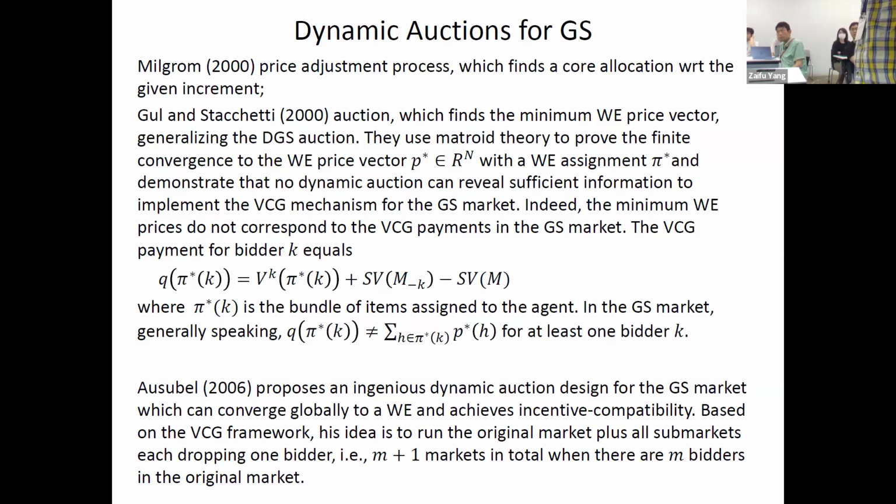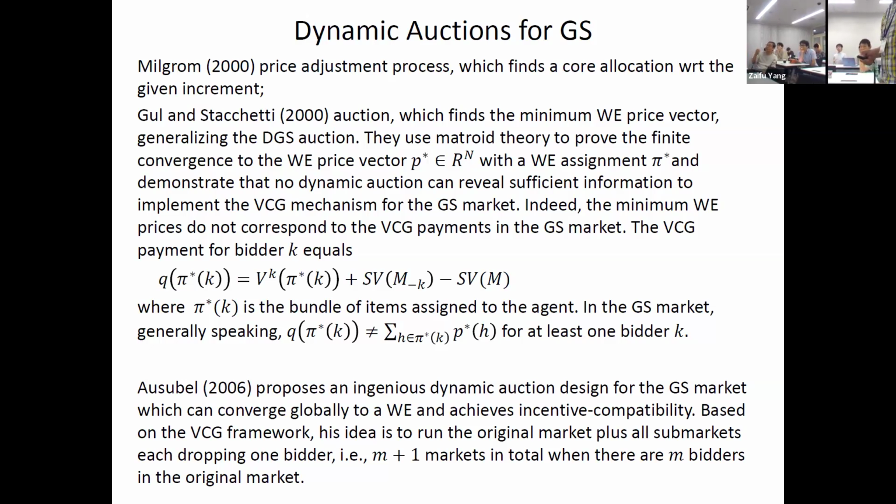If time allows, let's just check. K is consuming H. P star H is what he pays in the Walrasian equivalent, and that should be equal to this Q thing, right? Let's look at the second and third terms. You exclude me, I am Mr. K, and you look at the total surplus.